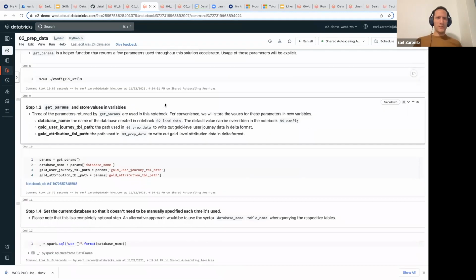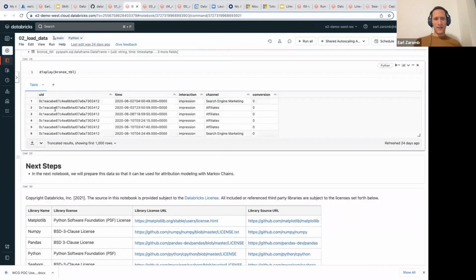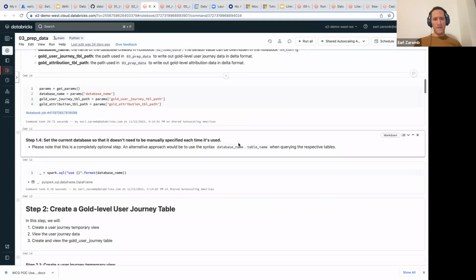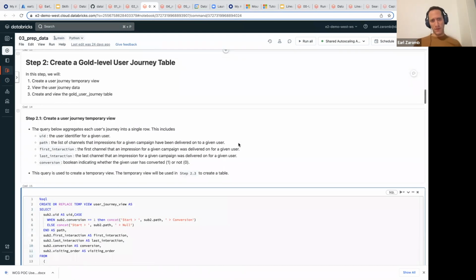We start off with this raw data at the individual impression level, and we want to construct an overall end-to-end journey for that particular customer or prospect. The idea here is that we're going to create a journey table.